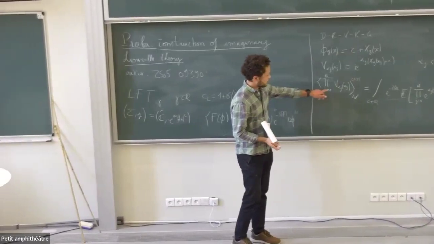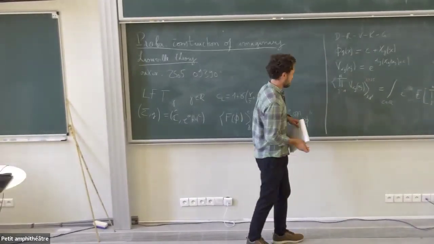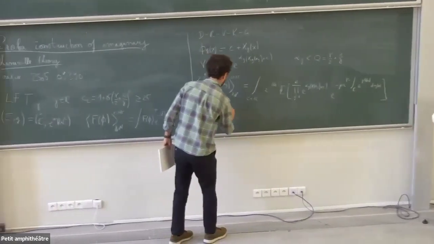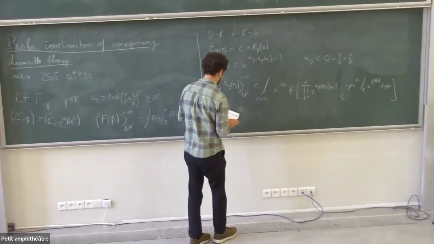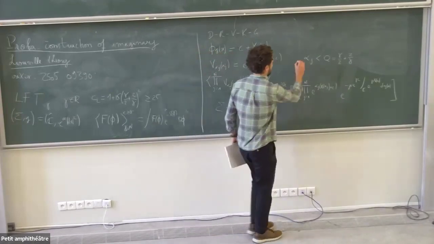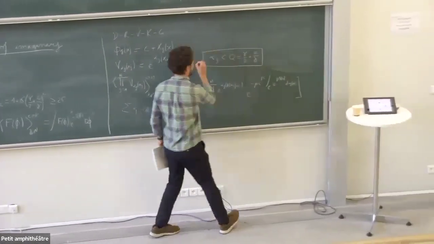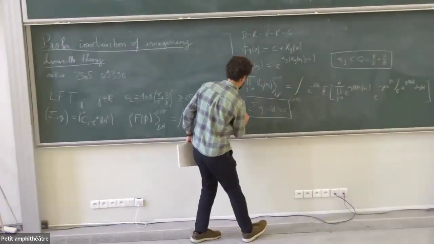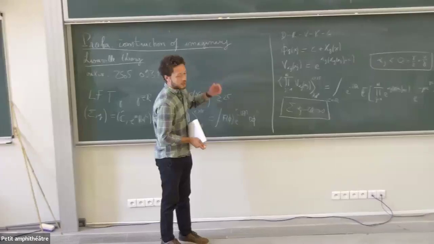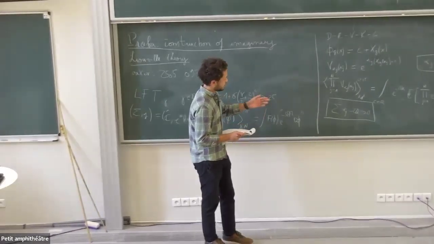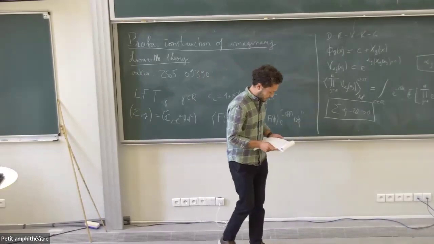Also, you can define this kind of correlation function only if the sum of alpha_j minus 2Q is greater than 0. These two conditions are called the Seiberg bounds. And it was shown by the probabilistic approach that these are necessary conditions for the path integral to exist.